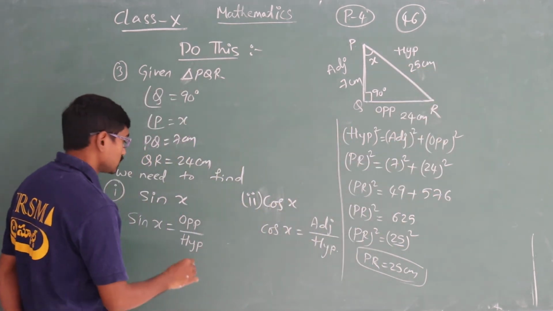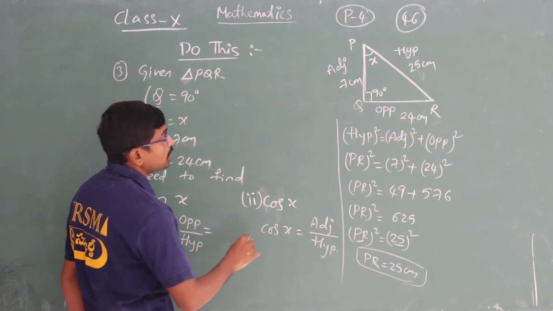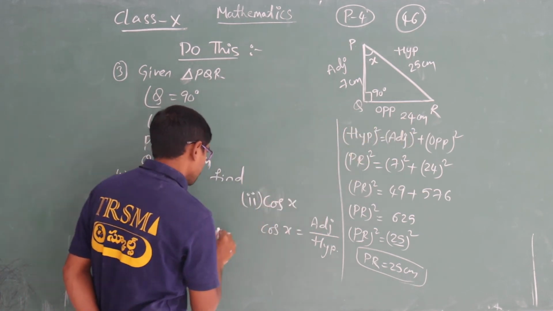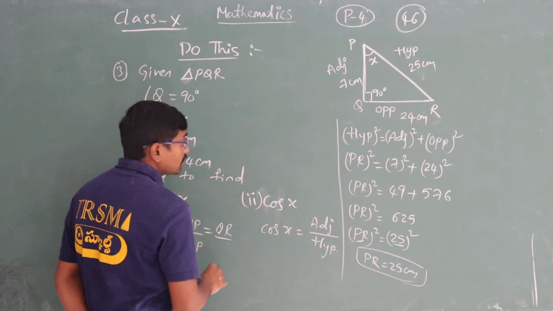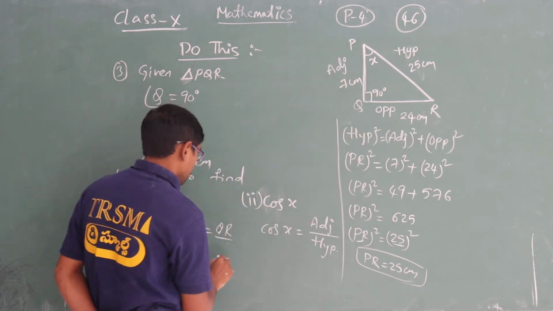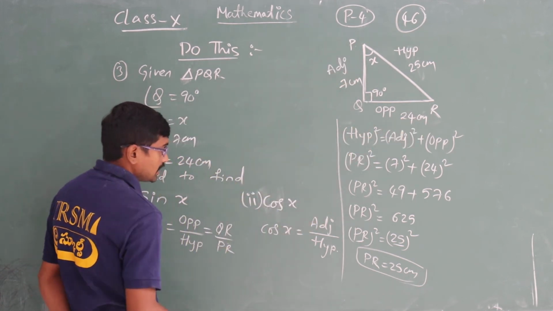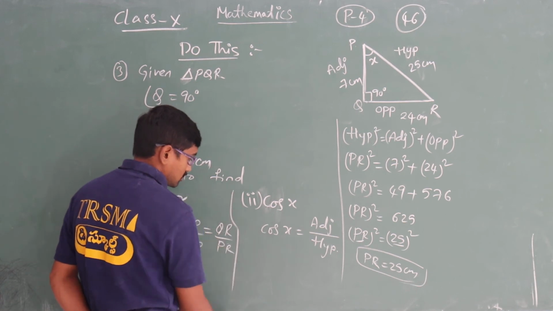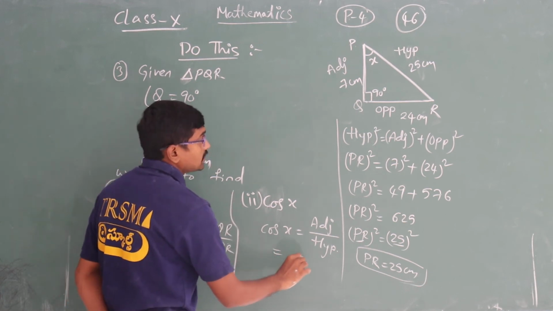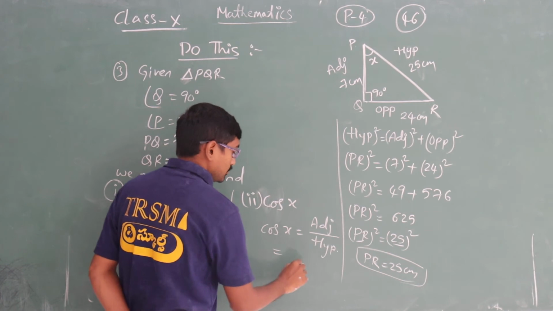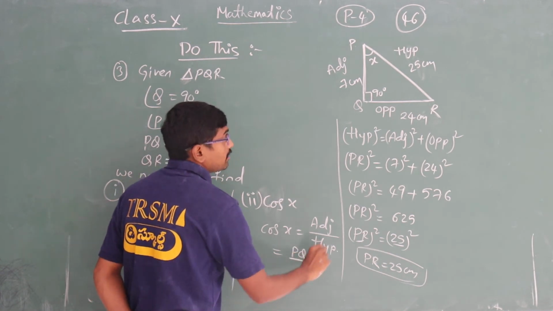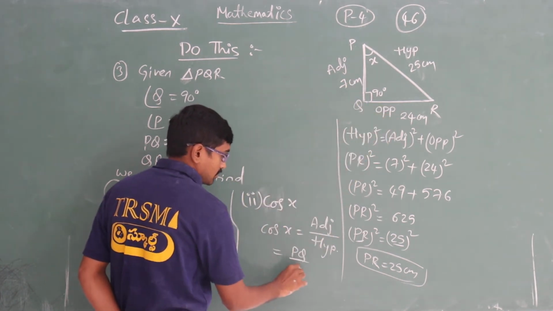Now converting this, opposite by hypotenuse, what is opposite here? Opposite is QR divided by hypotenuse PR. In cos, what do we have? Adjacent. Adjacent is PQ divided by hypotenuse PR.